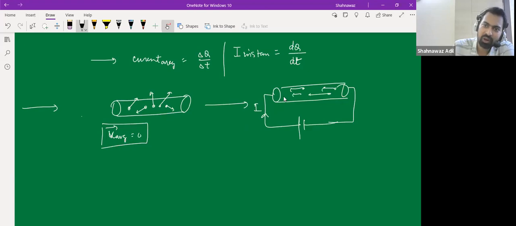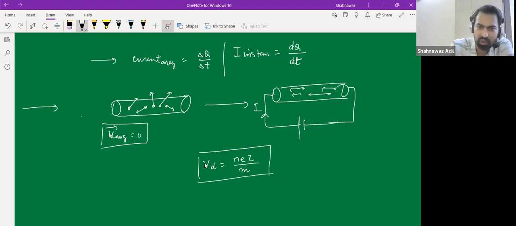And then we saw what the drift velocity is. This came out to be e E tau by m.